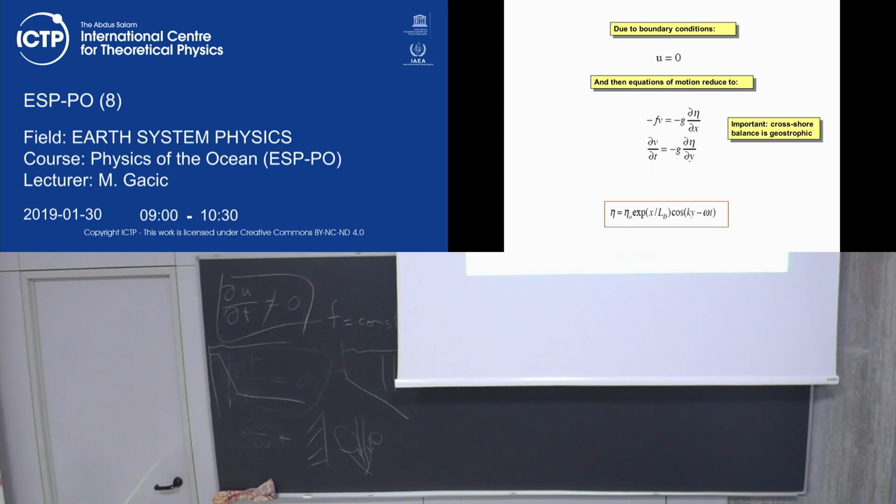Obviously, we found out that due to the potential vorticity, due to the conservation of the relative vorticity, the Kelvin waves can be concentrated on a continental slope.